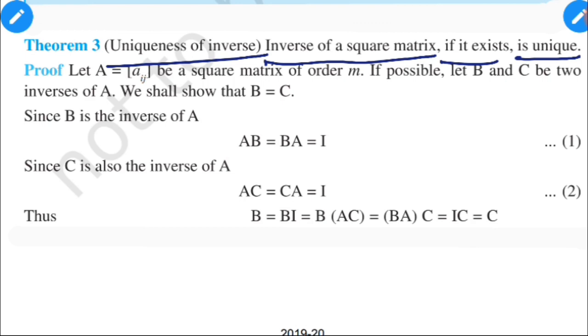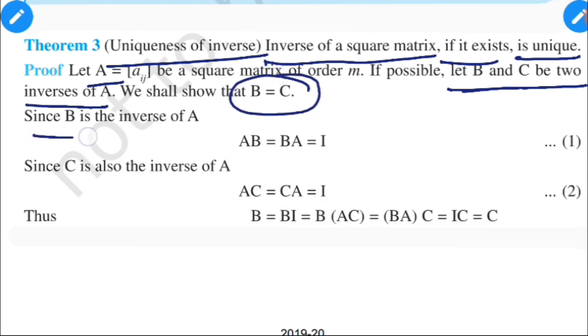The proof is given here. Let A be a square matrix, and if possible we let B and C be two inverses. We need to prove B and C are equal, identical.